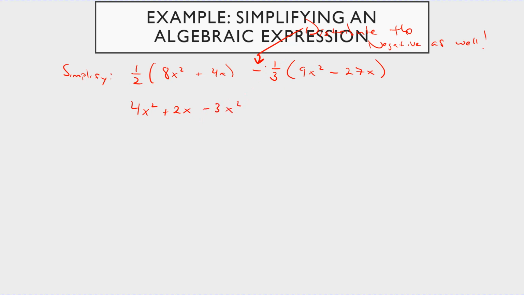And then negative times a negative, that's a positive. And then 1/3 of 27 is 9. So then I have 4x squared minus 3x squared plus 2x plus 9x. Well, 4 minus 3 is 1, so I can just write it as x squared, and 2 plus 9 gets me 11.